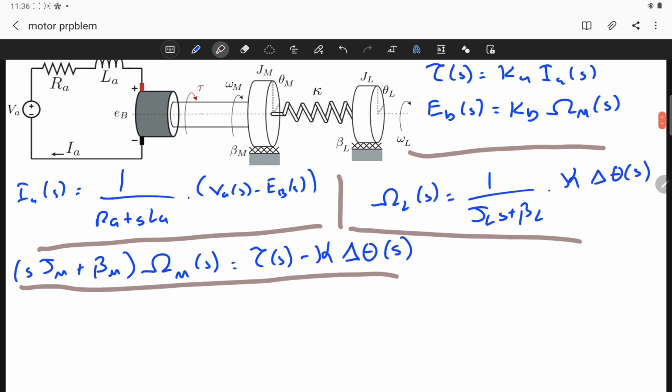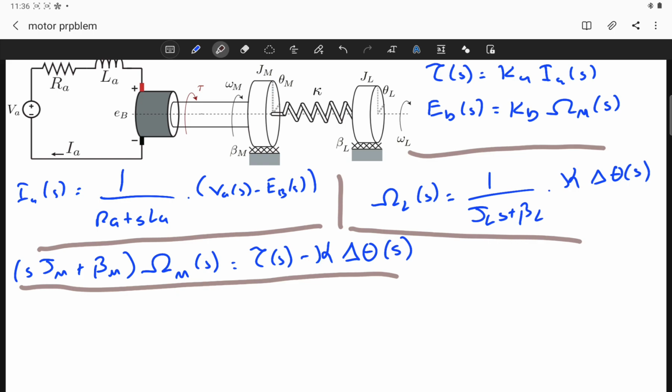As you can see, we have delta theta(s). What I can do is separate them and use theta_M and theta_L, which will bring some redundancy. I can still construct a valid block diagram, but it won't be minimal.